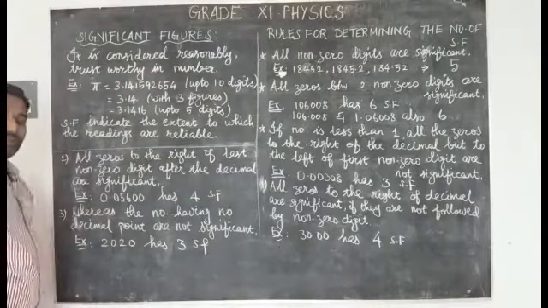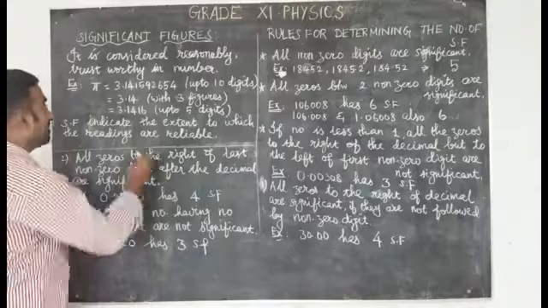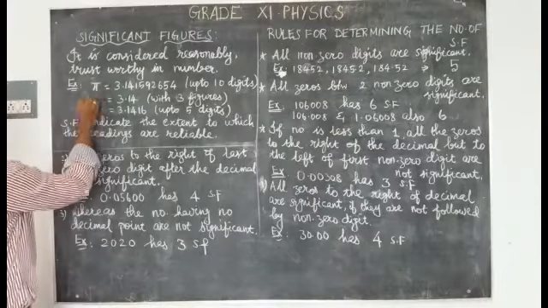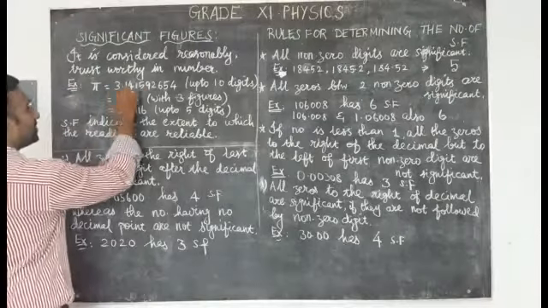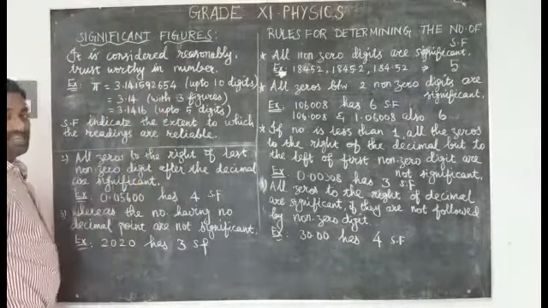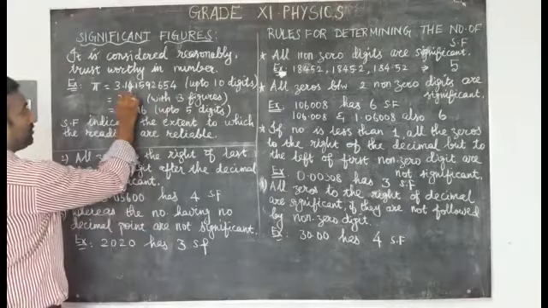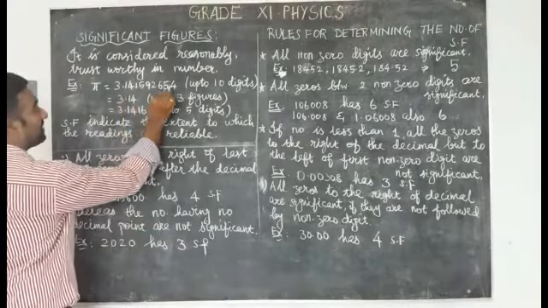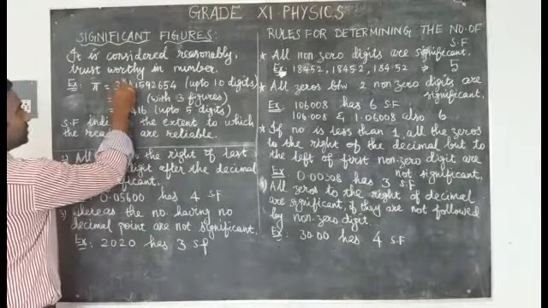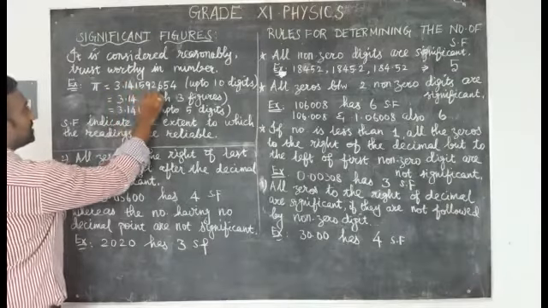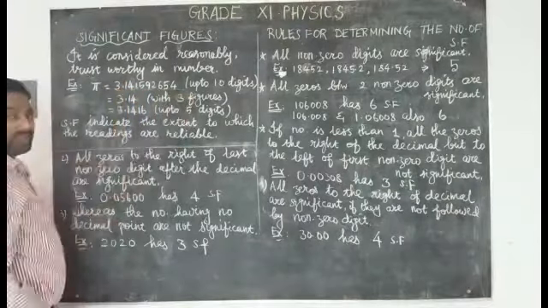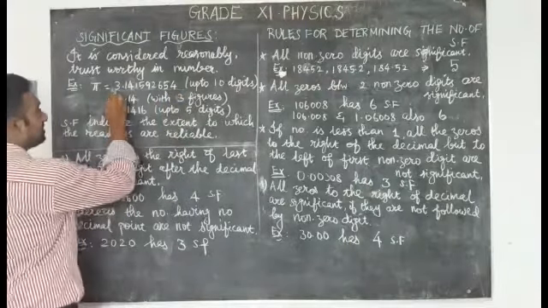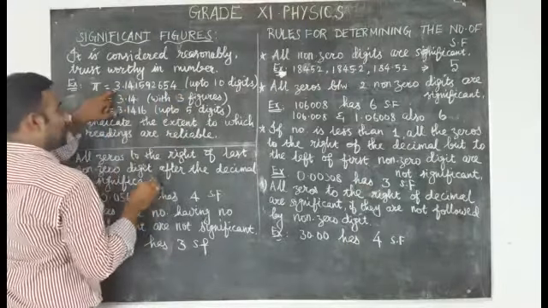Example, we know the value of pi. What is the value of pi? In math we use 22/7. In the fractions, if you simplify, the accurate value up to 10 digits is 3.141592654. So 1 2 3 4 5 6 7 8 9 10. Up to the 10 digits, this is the accurate value of pi. The 3 is also one uncertain.